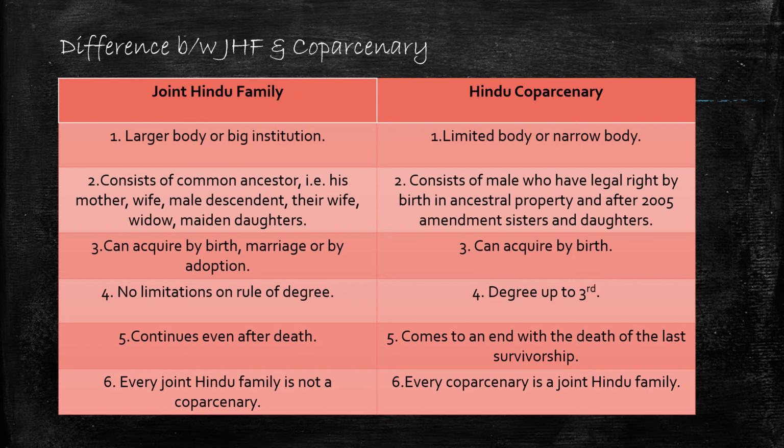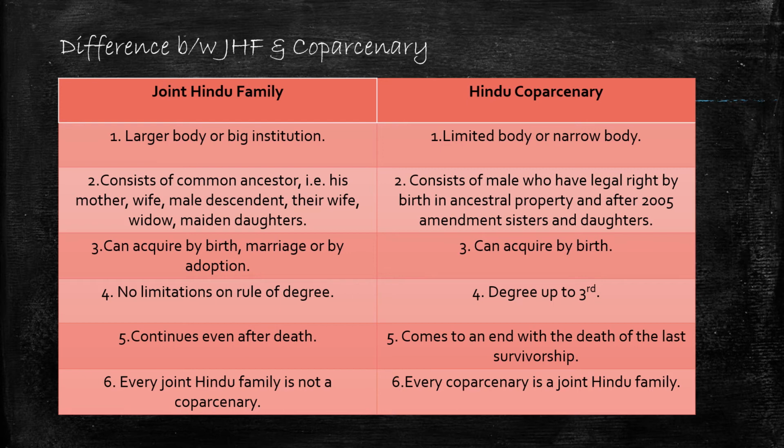Hindu joint family consists of common ancestors, that is his wife, mother, male descendant, their wives, their widows, maiden daughters. Whereas Hindu coparcenary consists of males who have legal right by birth in the ancestral property. And after the 2005 amendment, sisters and daughters are also included.